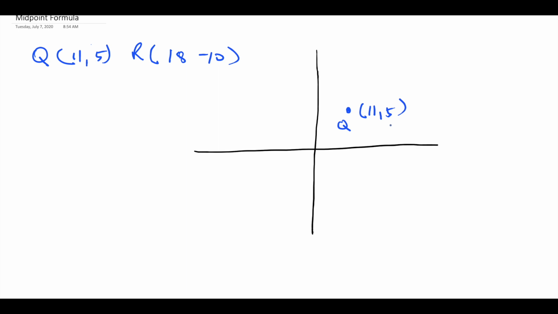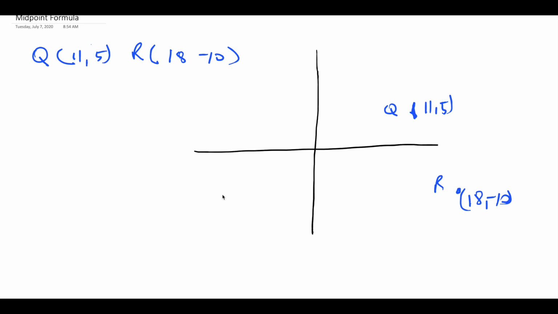For the sake of teaching, I'll put the other one kind of where it should be. So Q is 11, comma 5, and R is 18, comma negative 10.